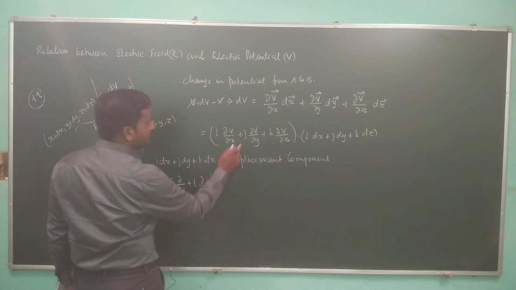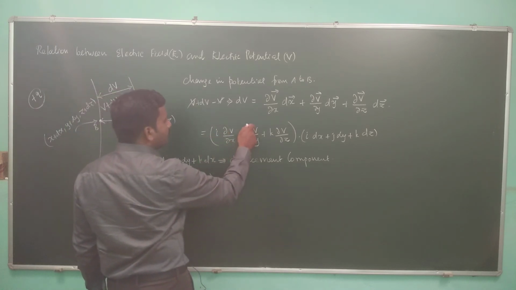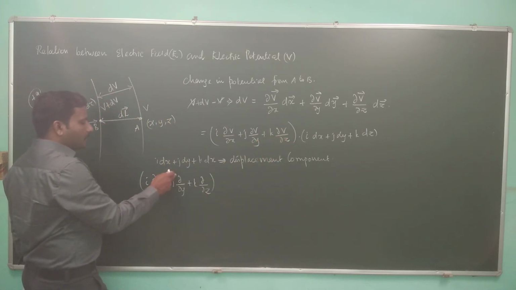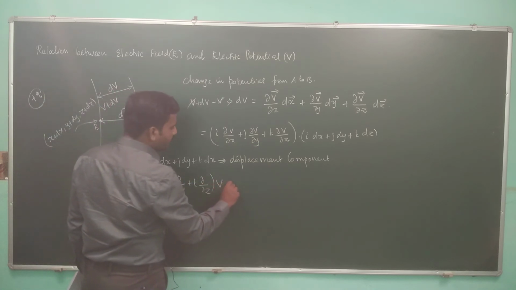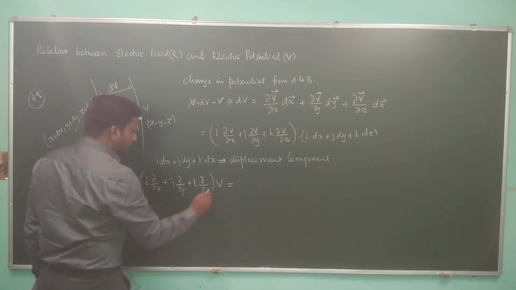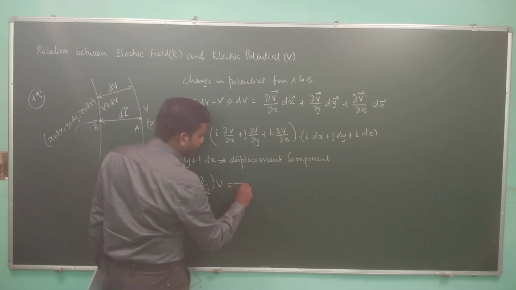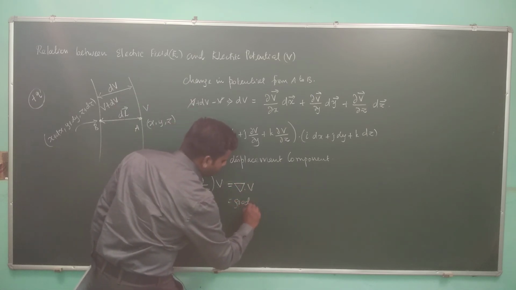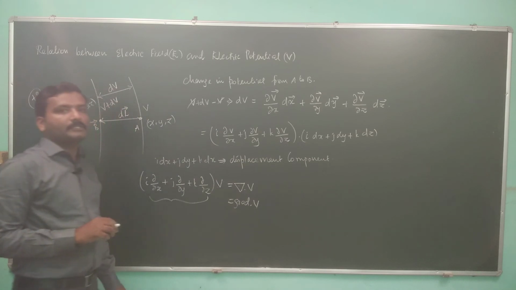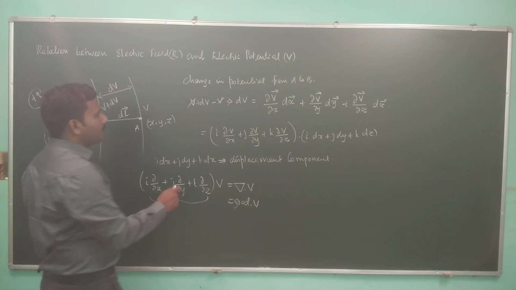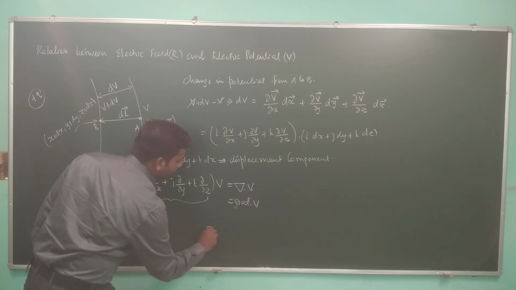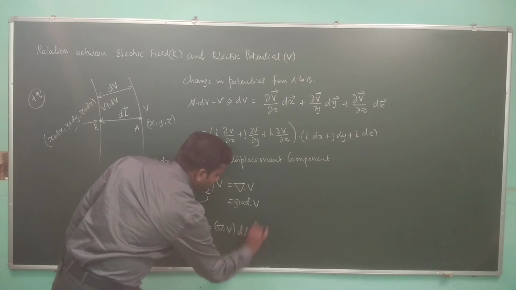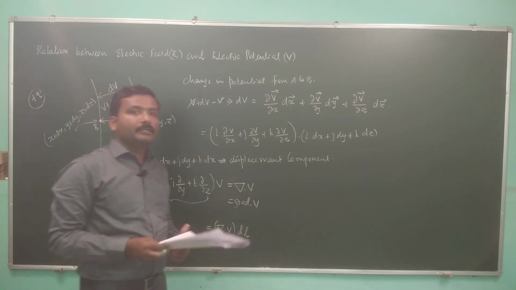If you take i dou V by dou x plus j dou V by dou y plus k dou V by dou z, you can rewrite it as i dou by dou x plus j dou by dou y plus k dou by dou z multiplied by V, which you can write as del V. So this is the gradient of V. In that sense, this equation can be written as the gradient of V multiplied by dl.